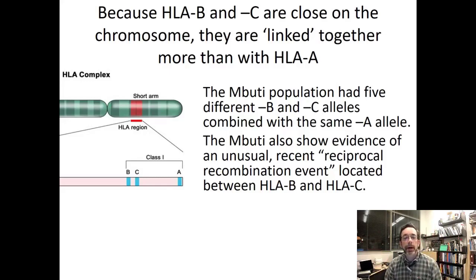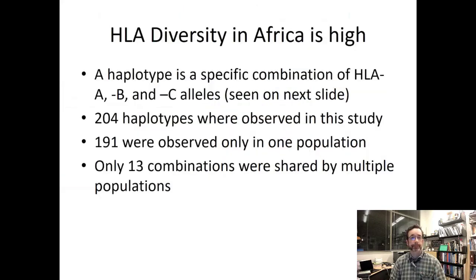The Mbuti also show evidence of a reciprocal recombination event that's actually located between B and C. So sometimes you can have recombination that will cause variation in which B and which C a person has, but it happens less often. The important thing is you have more variation in a single population for the A genes than you have for the B and C genes. The B and C tend to go together.